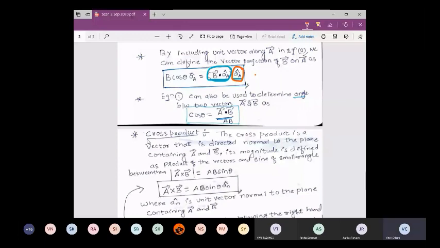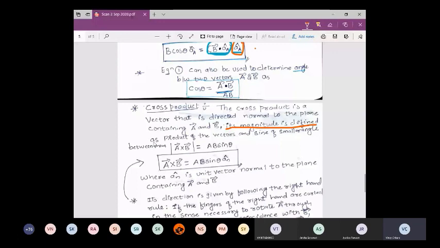The cross product is a vector that is directed normal to the plane containing A and B. Its magnitude is defined as the product of magnitudes of vectors and the sine of the smaller angle between them. So the magnitude of A cross B is given as AB sine theta.